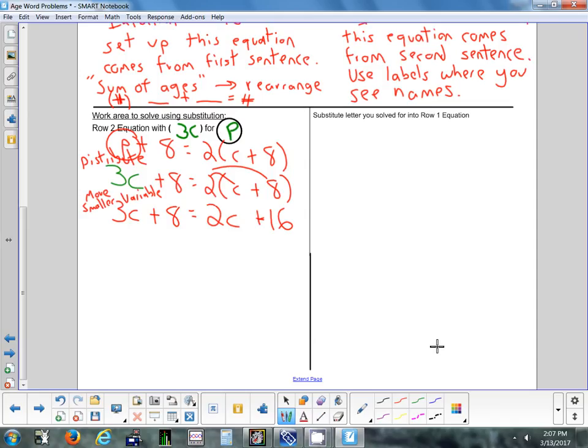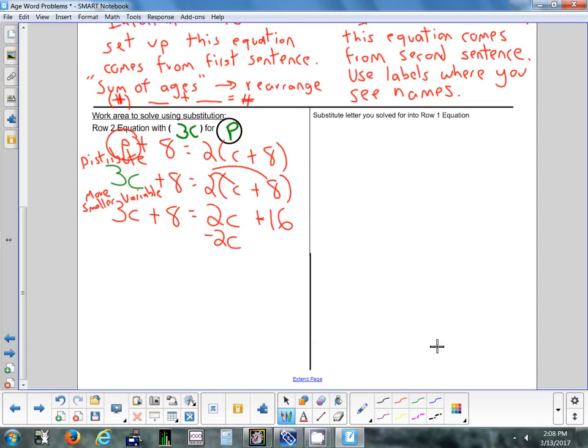One on each side. What's one of the variables I have on the left-hand side? 3C is one of them. What's my other variable? 2C. Which one is smaller? The 2. That's the one I want to move. What operation do I have to use to move it? Here's my 2C right here. Subtraction, because it's positive. Minus 2C.